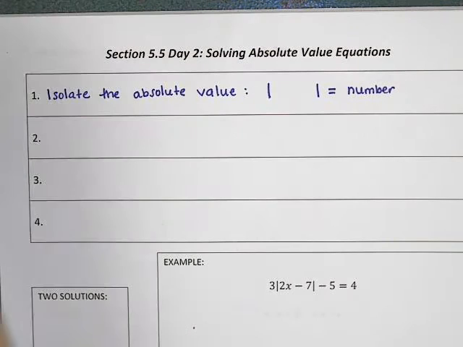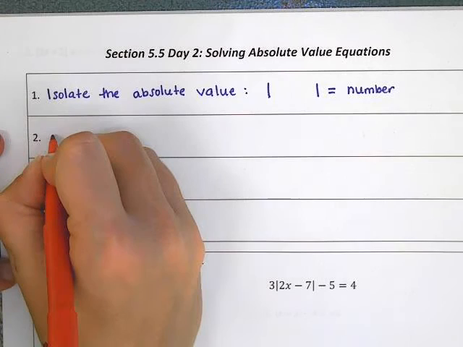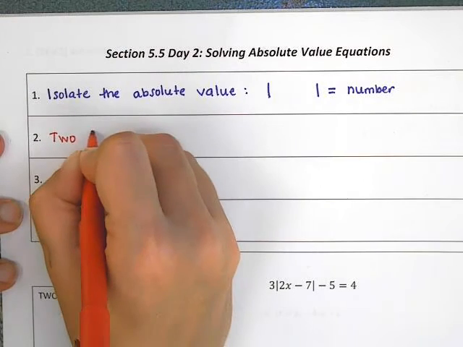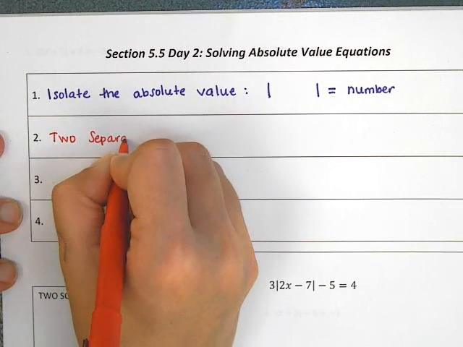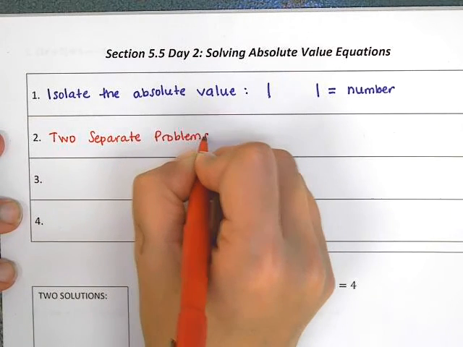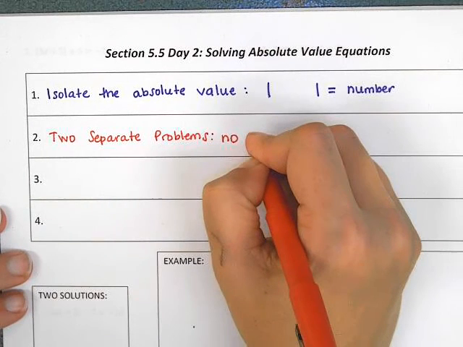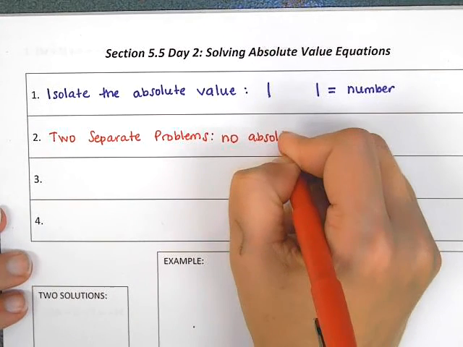Step 2 is to break up the problem and make two separate problems. When you do this, you don't need the absolute value symbol anymore.